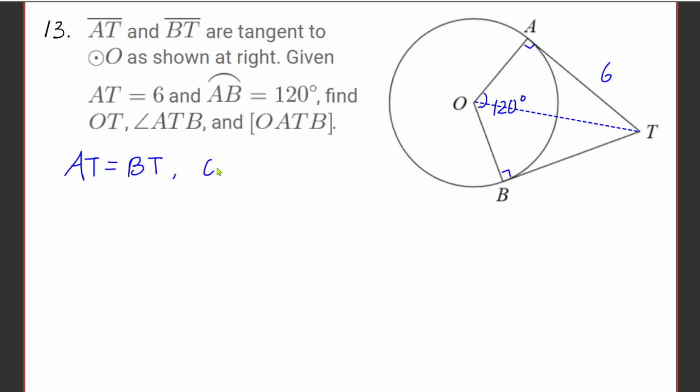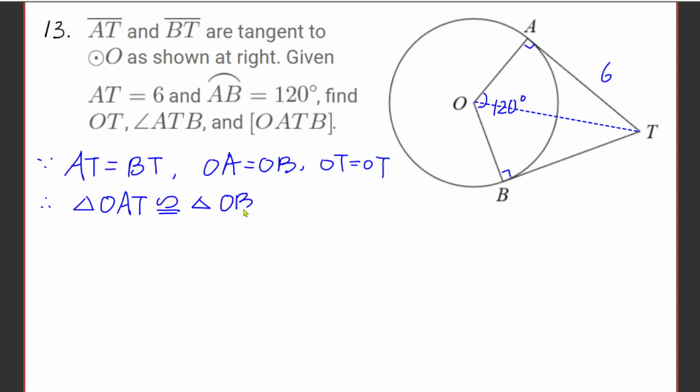We also have OA equals OB, and of course OT equals OT. Because of this, we have triangle OAT is congruent to triangle OBT, right? By SSS, congruent.